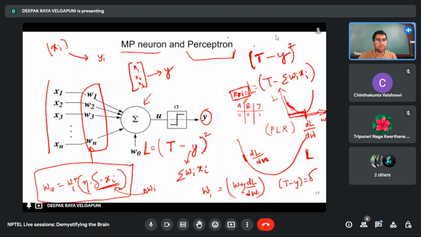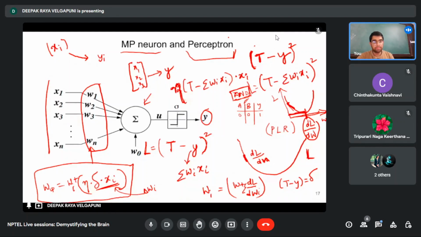You got it, right? So when you do dL by dw, what you get is nothing but, like, this square, right? There's a square here. So first in this differential, you get 2 times (t minus sigma wi xi), and then you have to differentiate this with respect to wi, that gives xi. So let's take this 2 term into some other constant and call it eta.